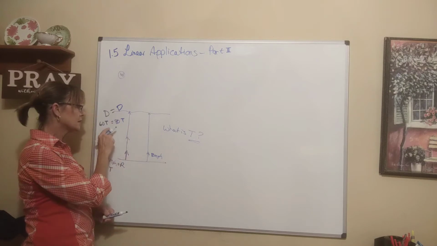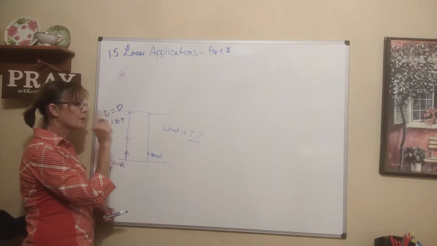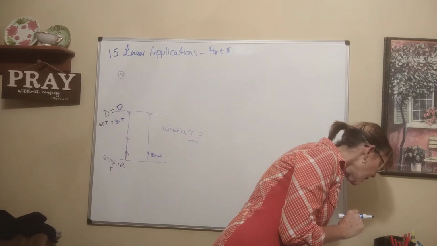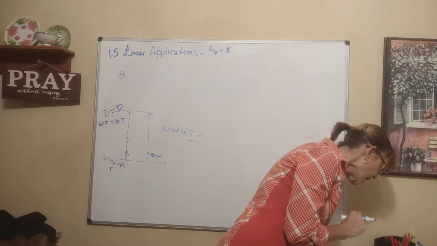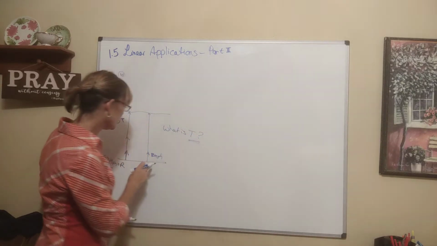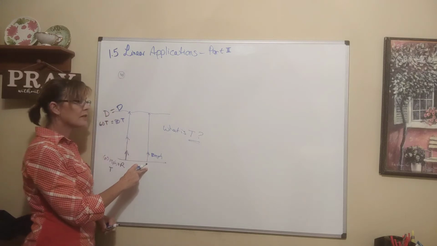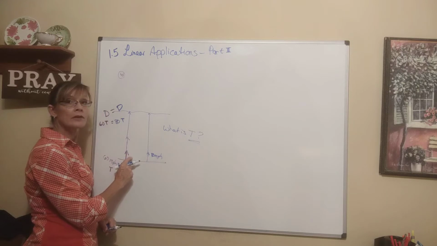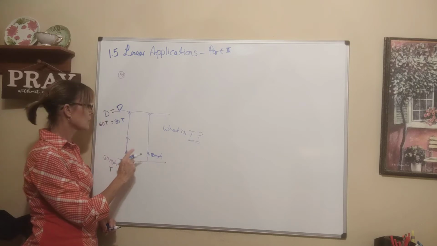What is the purple time? I don't know. It's t. What is the blue time? Oh, let's think about this. It says that the Amtrak passenger train leaves 1 hour later. He leaves 1 hour later. Who's been traveling longer? The freight train travels an hour, and then the other starts. He's been traveling longer, 1 hour longer.